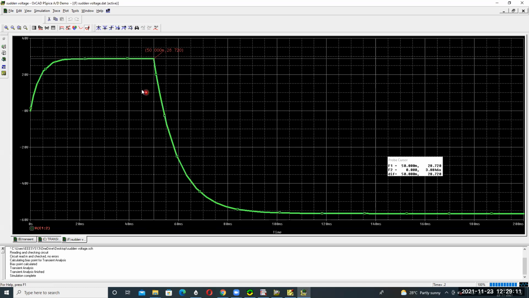If you want to know this curve's values, press marker, and then press this. If you want the cursor, press this. So like this, this is the response of this circuit.